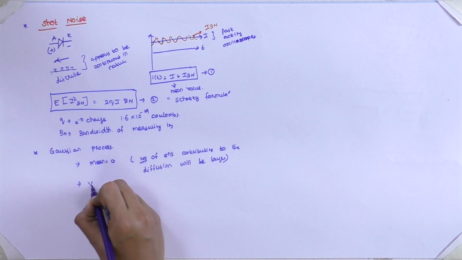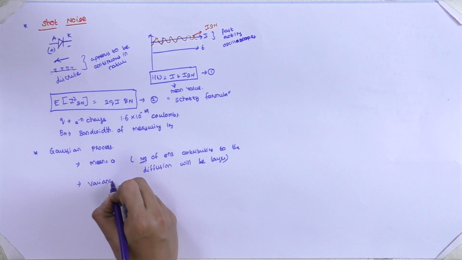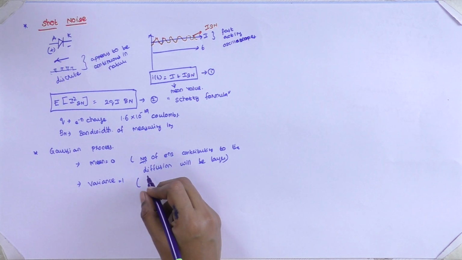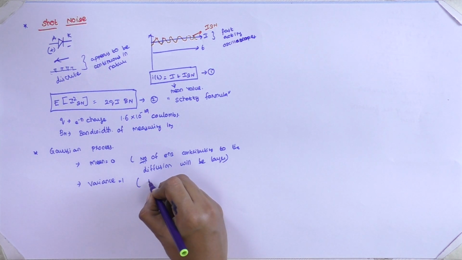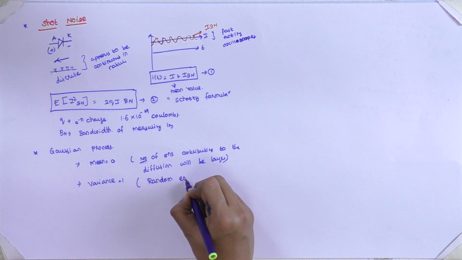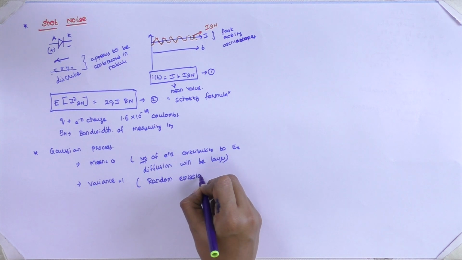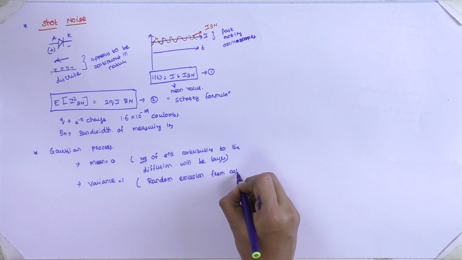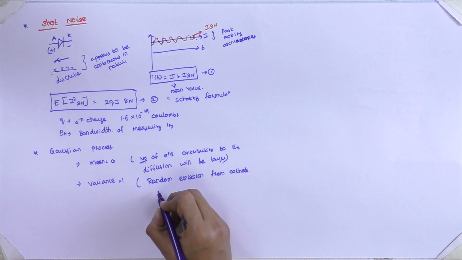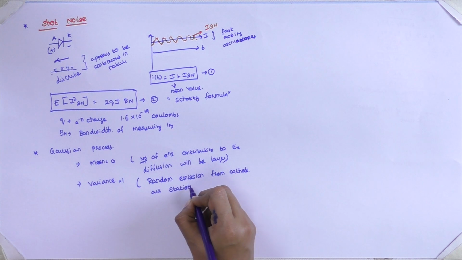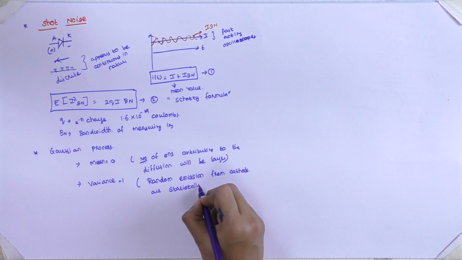And the second property in Gaussian processes, variance value is equal to 1. How does it become 1? Each and every random emission from the cathode is statistically independent. So, since it is statistically independent, our variance value is 1.